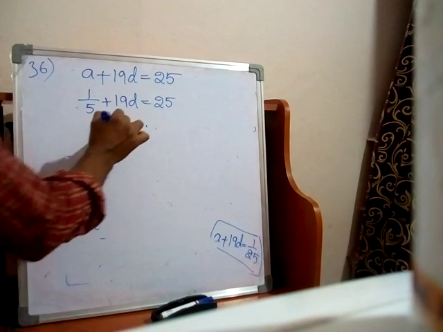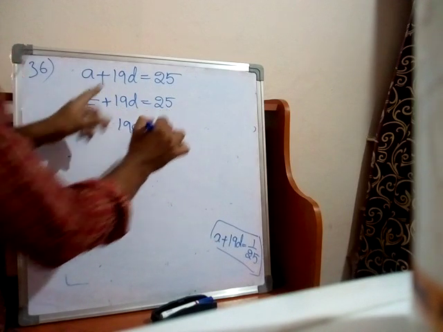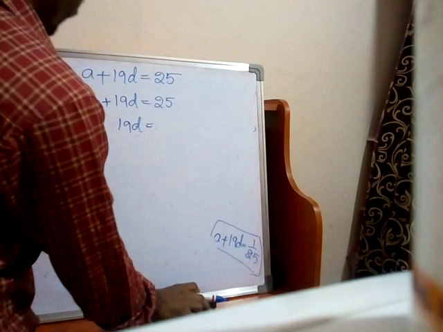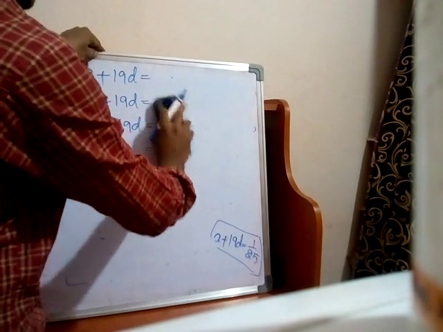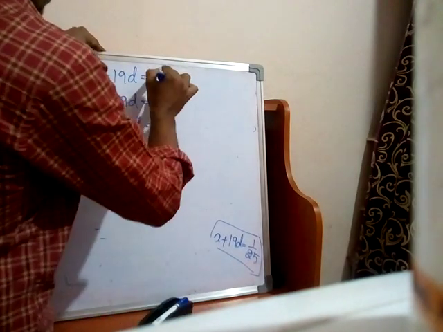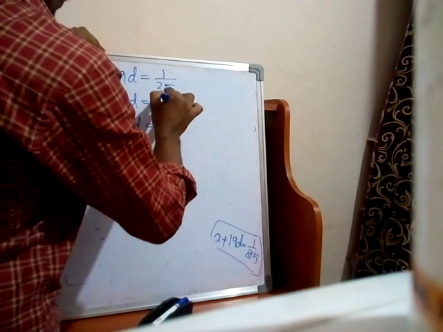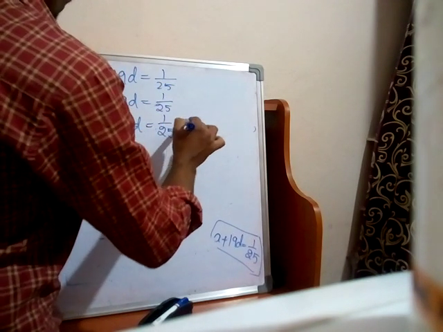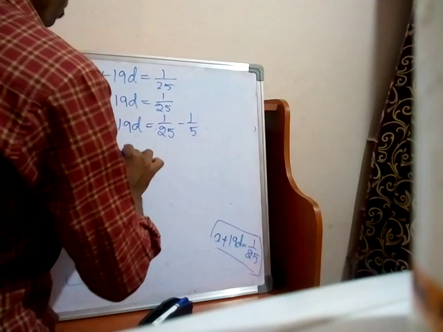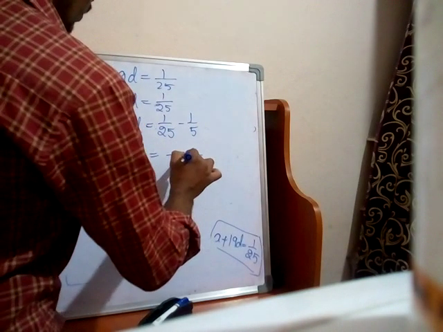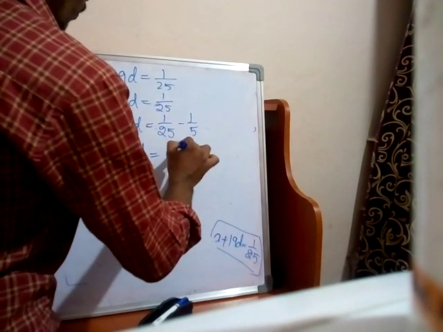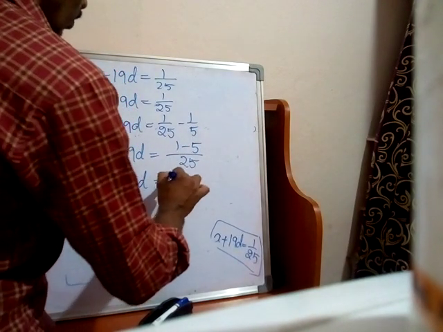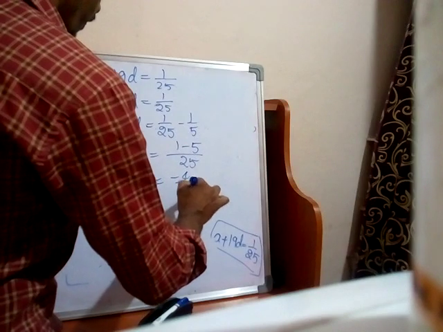So 19d is equal to 1 by 25 minus 1 by 5. So 19d is equal to (1 minus 5) by 25, so 19d is equal to minus 4 by 25.